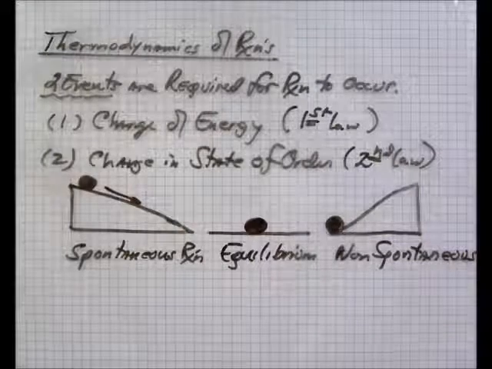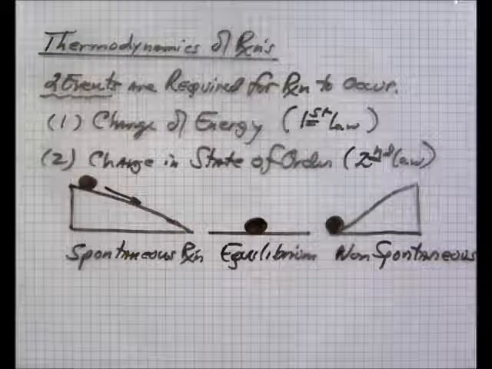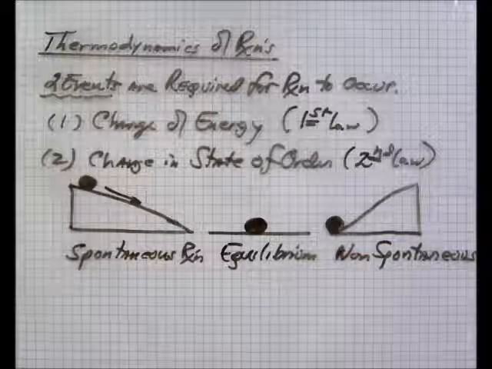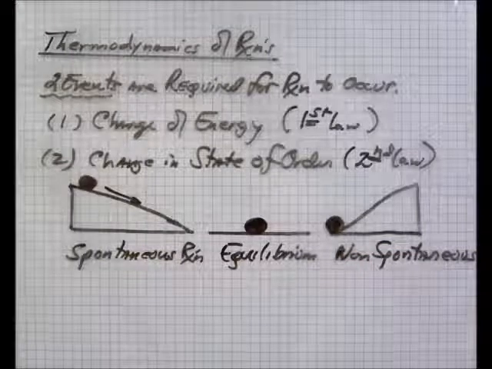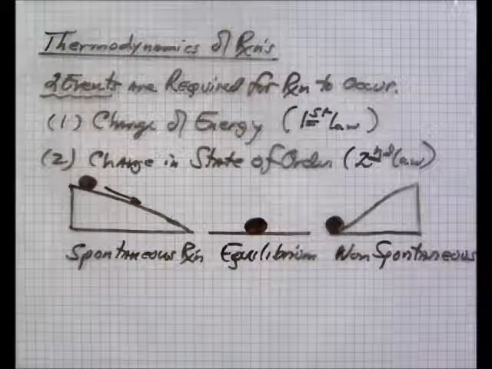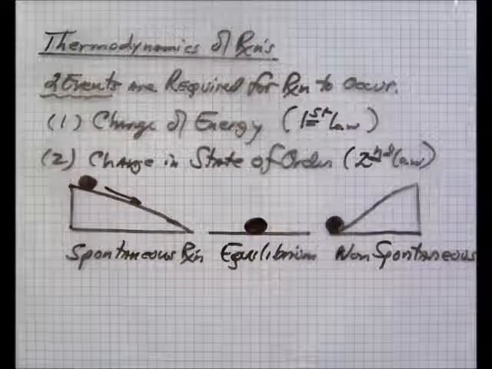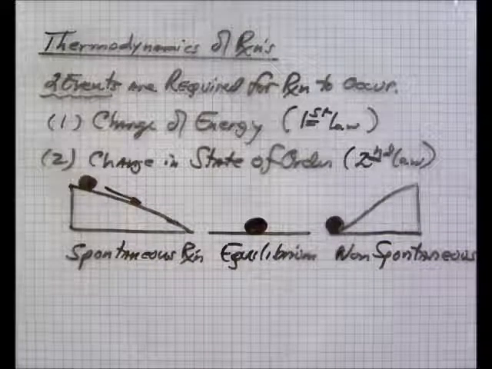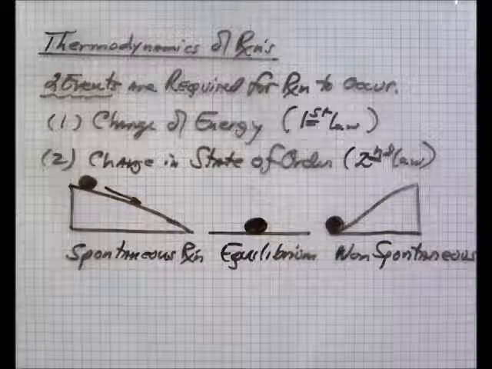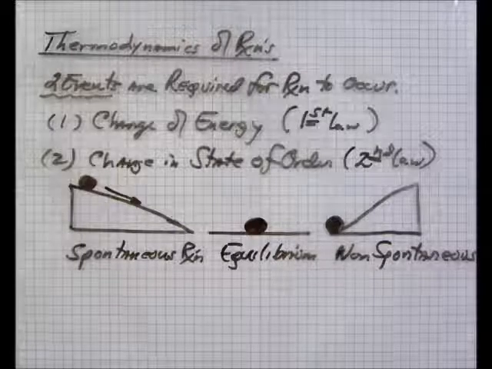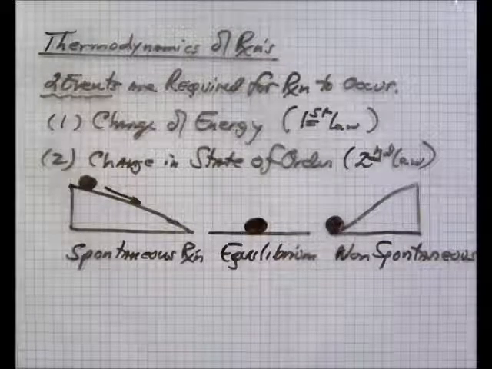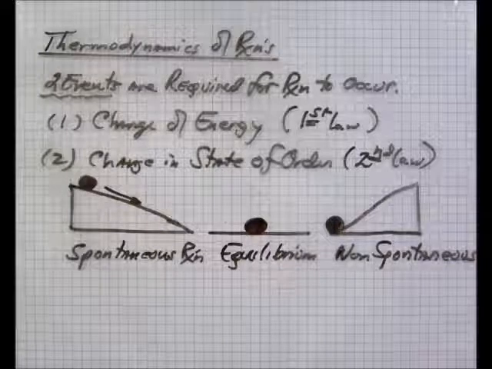A non-spontaneous reaction requires the input of energy or some outside effort in order to drive it. And this could be anything from heating the reactants, or applying electrical charge through the solution to initiate the reaction that depends on input of energy.